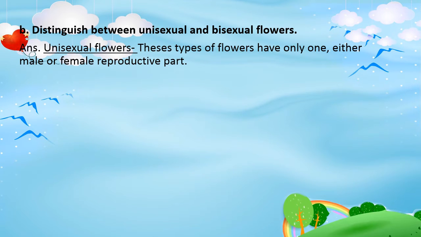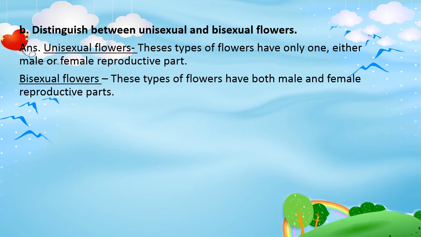So unisexual flowers have only one, either male or female reproductive part. On the other hand, bisexual flowers have both male and female reproductive parts. So this is the main difference between them.